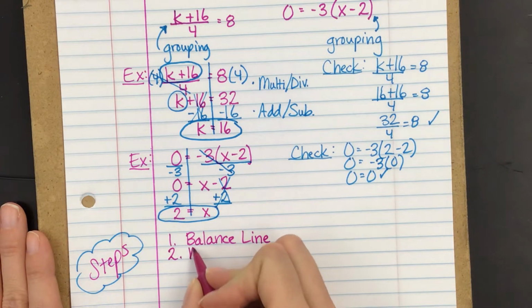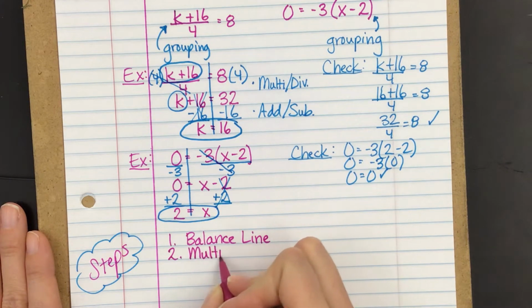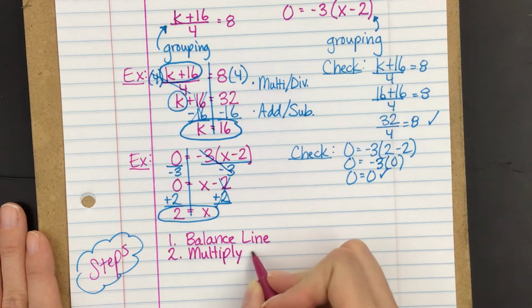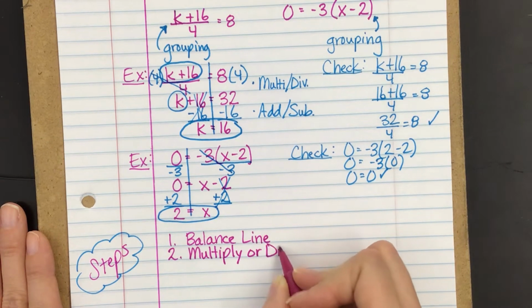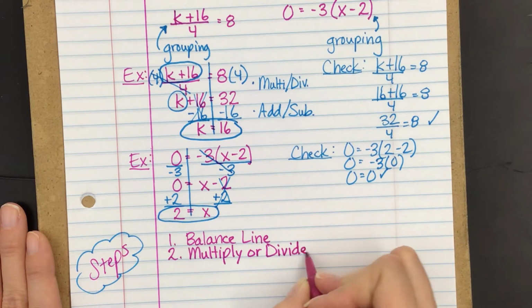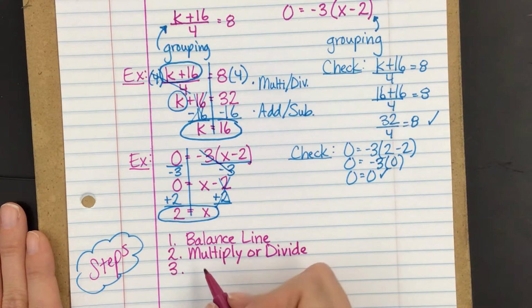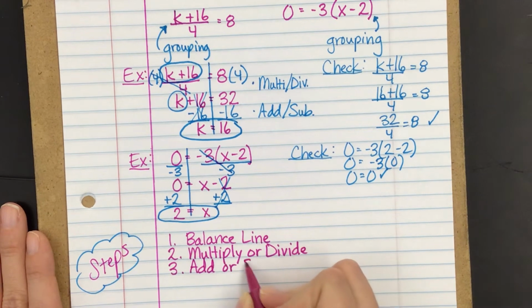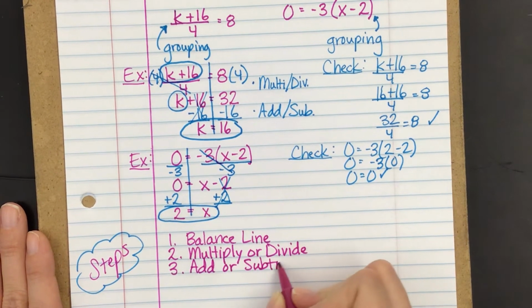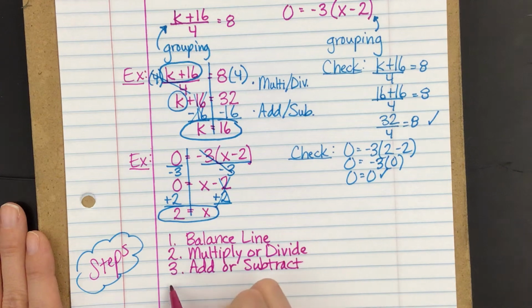Then we multiply or divide. Step 3, we add or subtract. And then step 4, we check our answer.